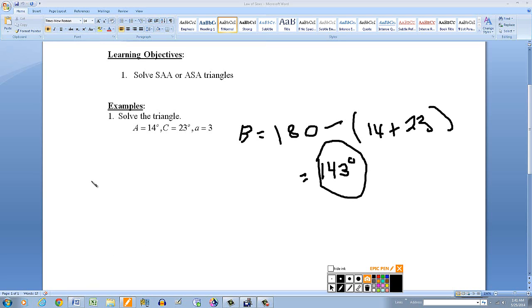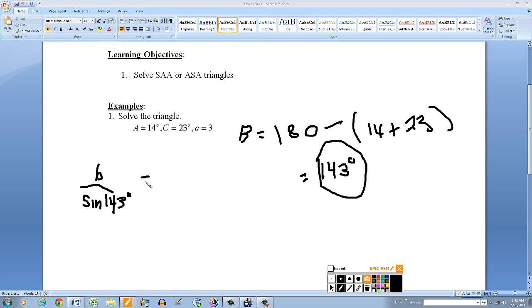Okay, now here's where I'm going to use the law of sines. So remember, it's the sine of the angle over the length of the opposite side, or it could be reversed, as I mentioned in the last video. So I'm going to write it the other way. I want to find side B, so basically then I can say side B divided by the sine of the angle opposite B, little b, which of course is angle B. So this will be 143 degrees.